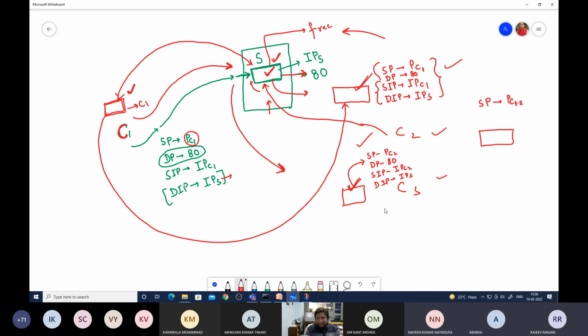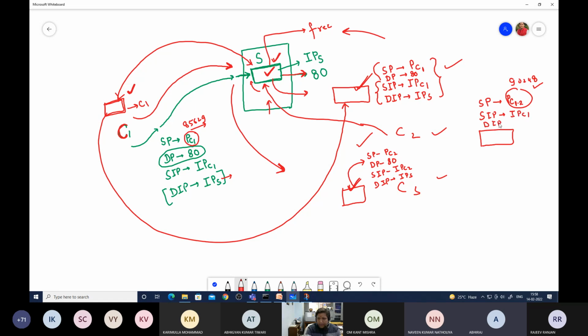So if the port of C1 initially is 85629, this port will be some 90248, because a port of the machine is already utilized. For another connection, another socket, the machine gives another port. So the source port will be different. Source IP, IP of C1, no problem.